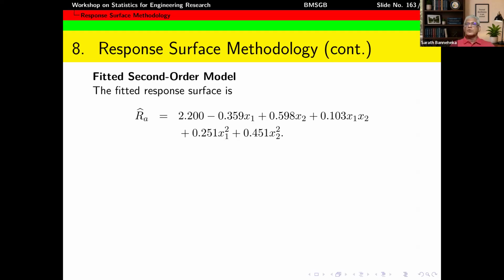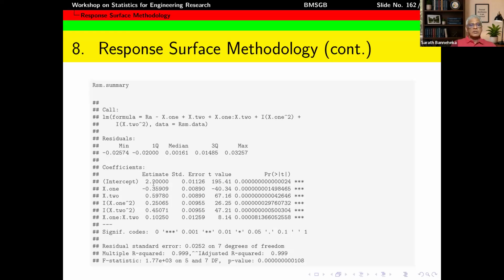In usual regression, we would do that, right? We will see whether some terms can be dropped so that we will have a parsimonious model. But in response surface methodology, usually we are not interested in doing that. So therefore, this is the fitted model. These coefficients have come from this fitted model here.